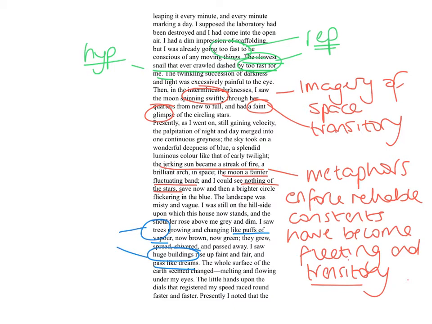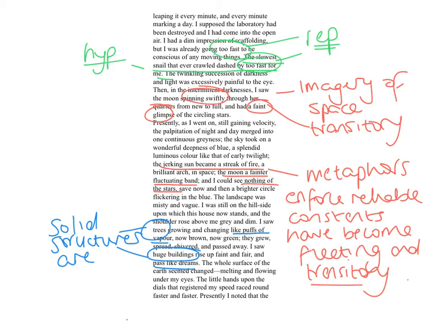So again, these are dependable, constant structures, trees and huge buildings. So these solid structures, whether man-made or natural, buildings or trees, now pass quickly, they're inconstant.